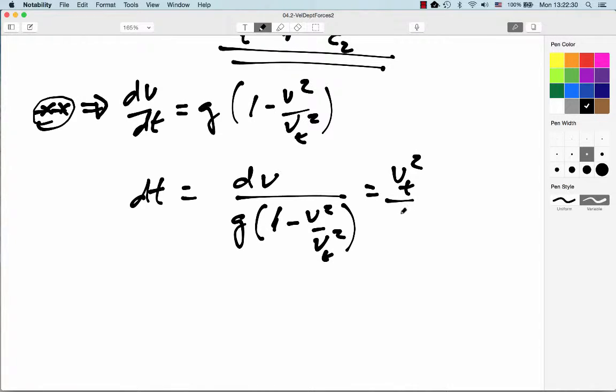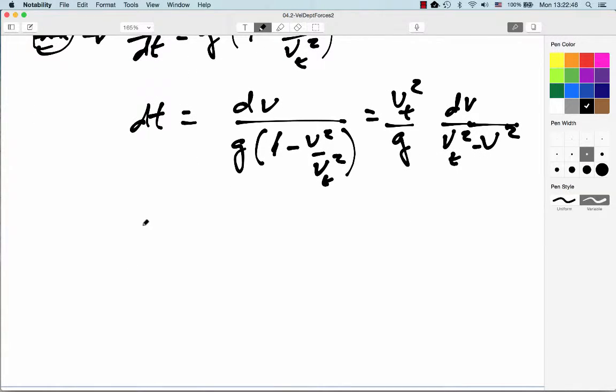Vt squared over g times dv over vt squared minus v squared. Okay, now going from here, we integrate both sides, so we'll let this be t minus t naught. And now here I'm not assuming we're starting at t equals 0 because we may need to join boundary conditions, so I want to be a little more generic in case we have to transition from moving up to moving down.